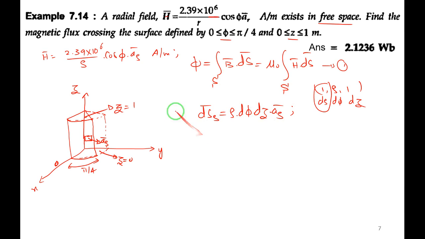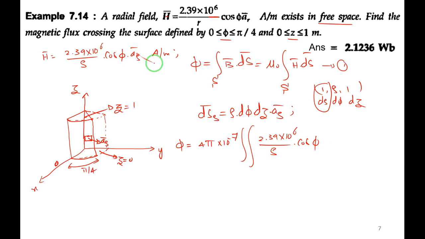So phi is equal to mu naught, which is 4 pi into 10 power minus 7, into the surface integral of H, which is 2.39 into 10 power 6 divided by rho, into cos phi. I will not write a rho because a rho dot a rho will be 1. Next, dS is rho into d phi dz.